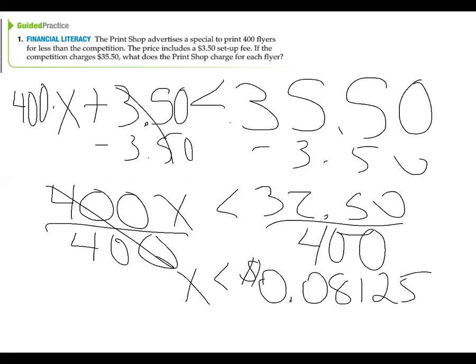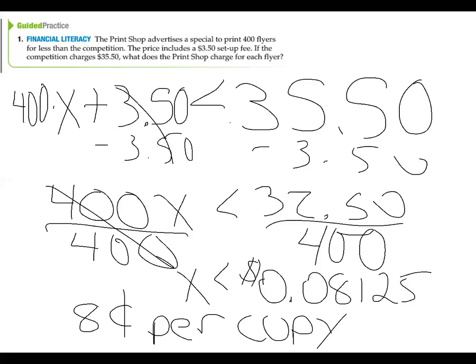So if the price has to be less than $0.08125, it would have to be 8 cents per copy to beat the competition's price. Because it has to be less than 0.08125, and the only amount of money that is less than that is 8 cents or less.